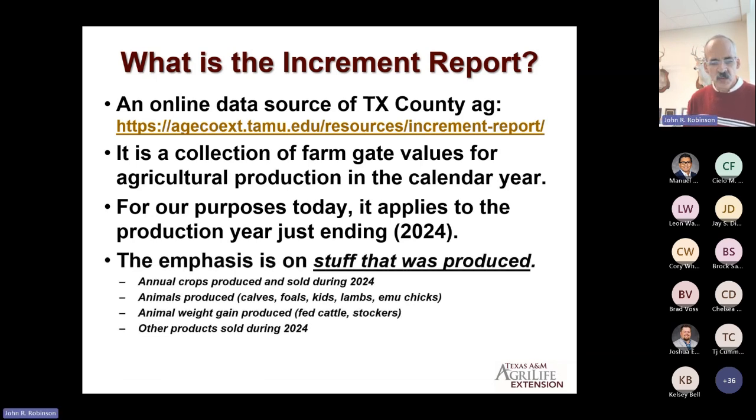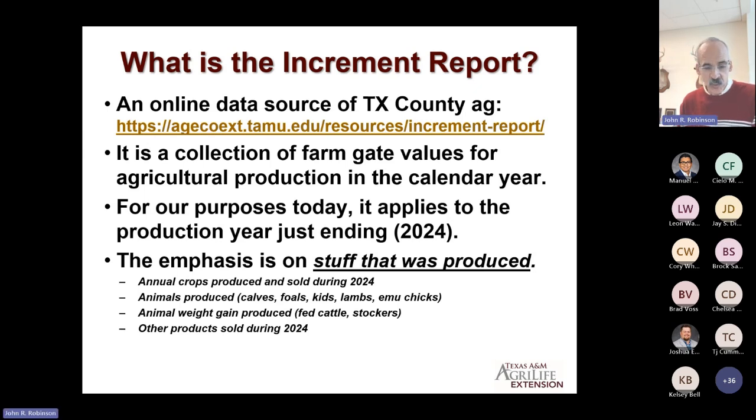And the emphasis is on things that are produced. If you're talking about crops, it's price times production in your county, by crop. If we're talking about animals produced, it's all the animals that were born and sold. If we're talking about value added livestock production, like weight gain on fed steers and weight gain on stockers, it's the value of the gain.